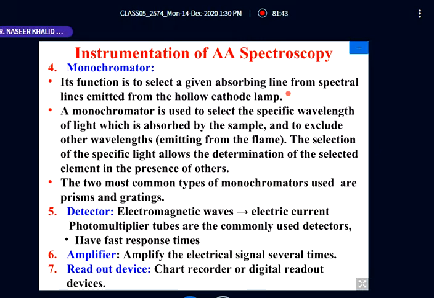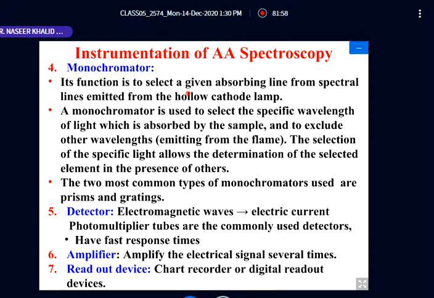So the monochromator is placed after the flame, after the atomization, so that it allows us to measure only the element of interest.